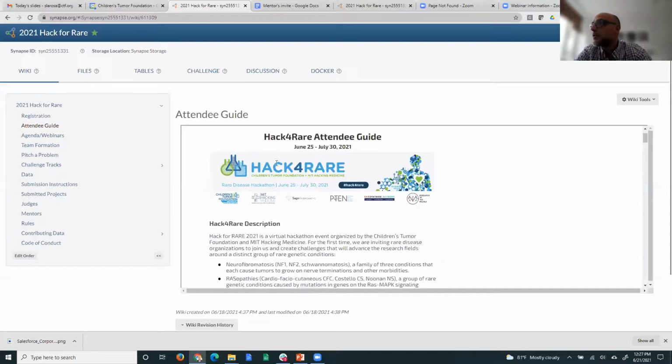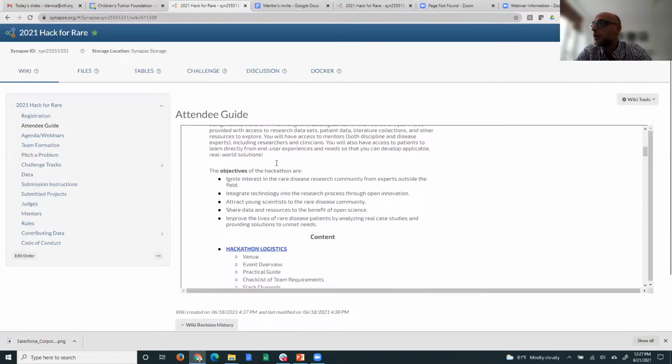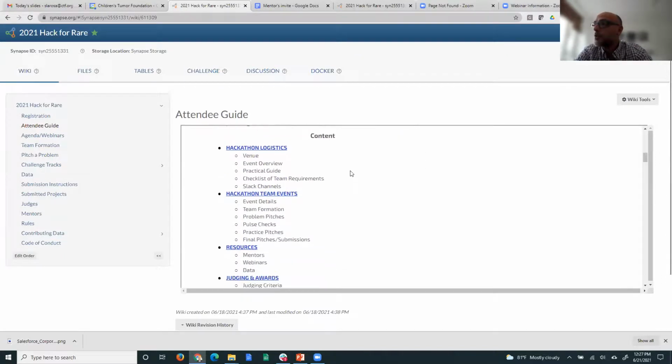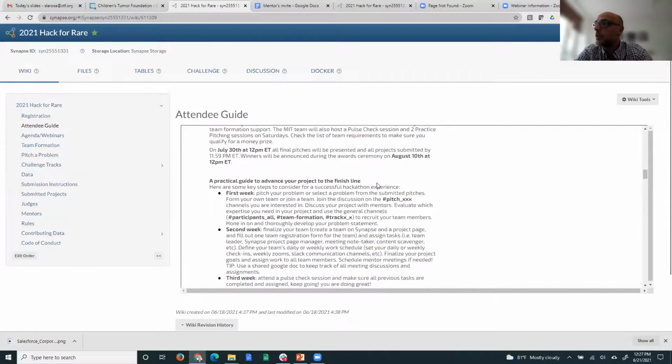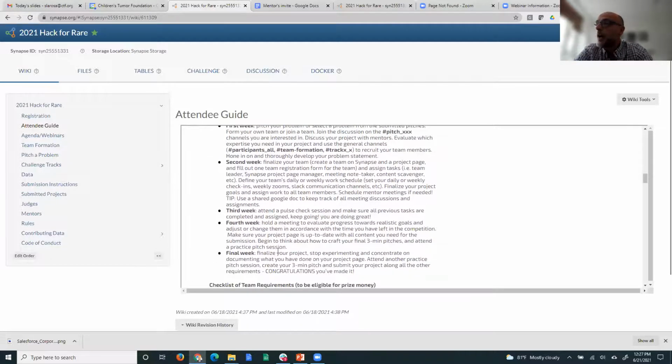You can basically scroll this document and come back often because we're going to add content as we move toward the end of the hackathon. So you can navigate to the different parts of the document. You'll see the event overview, but also some practical guides and tips for conducting a successful hack.